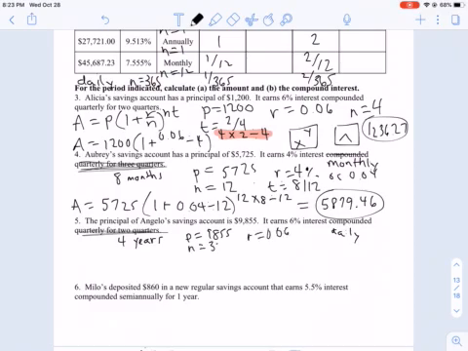Daily means it happens 365 times, but our T is 4. Because remember, your time is in years. This is happening for 4 years. So here we go. Our amount, 9,855 times 1 plus 0.06 divided by 365 raised to the 365 times 4.